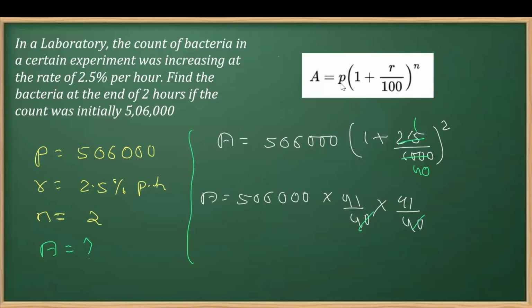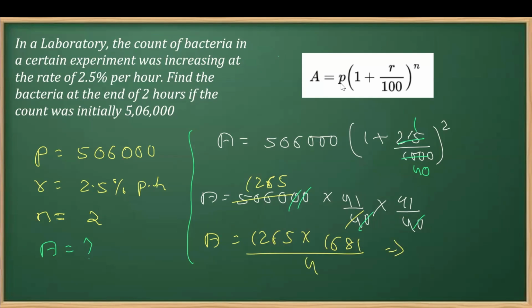Now see, the two zeros get cancelled over here. And if I divide this by 4, it's divisible by 4: 1 times, 2 times, 6 times, and 5 times. So A is equal to 1265 multiplied with the square of 41. So 41 square is how much? 1681, and that whole divided by the 4 here.